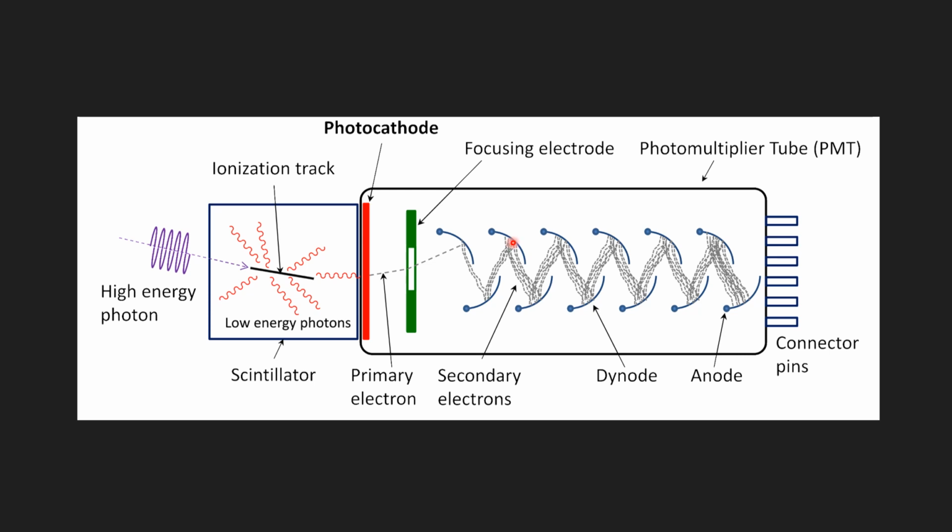So imagine the big number of electrons that will be released at the end. These electrons are detected by some electronic setup here, the connector pins, and it is dependent on the number of primary photoelectrons. So the detected electrons here are dependent on the primary photoelectrons.